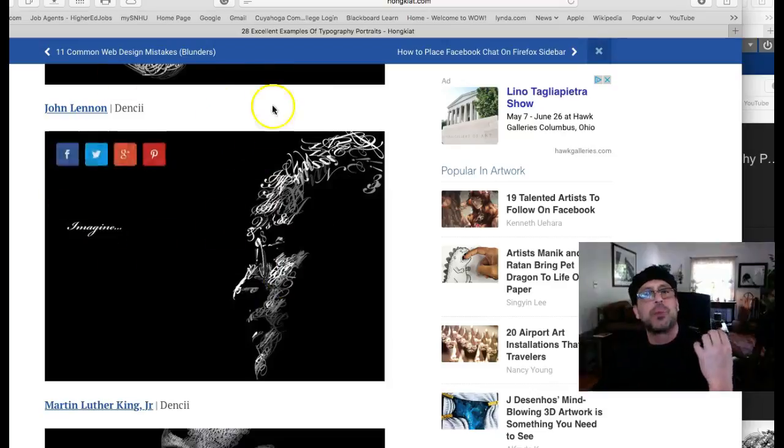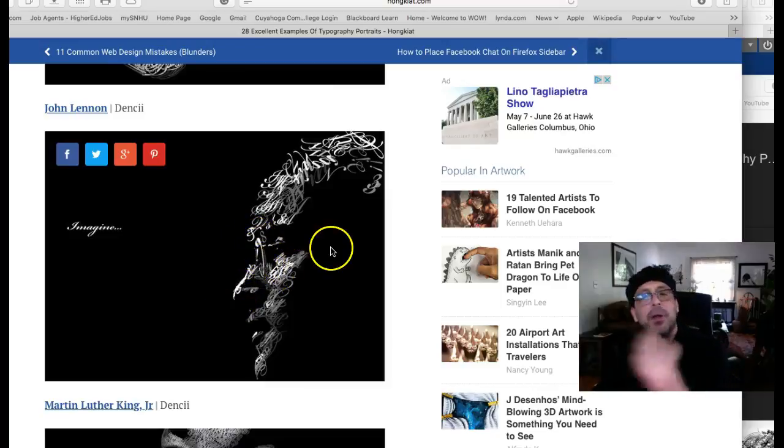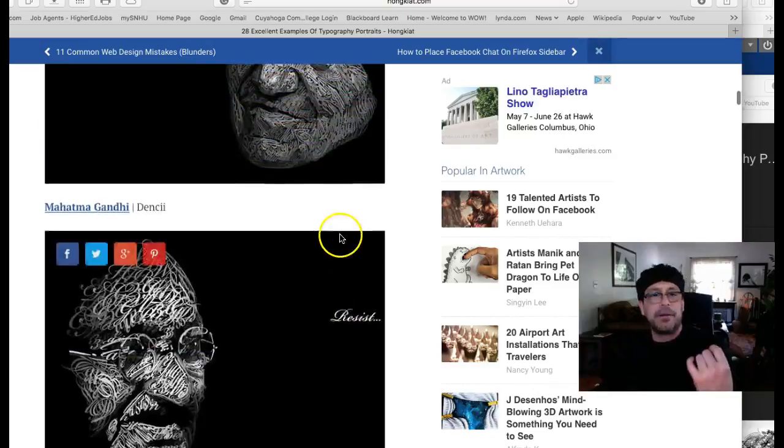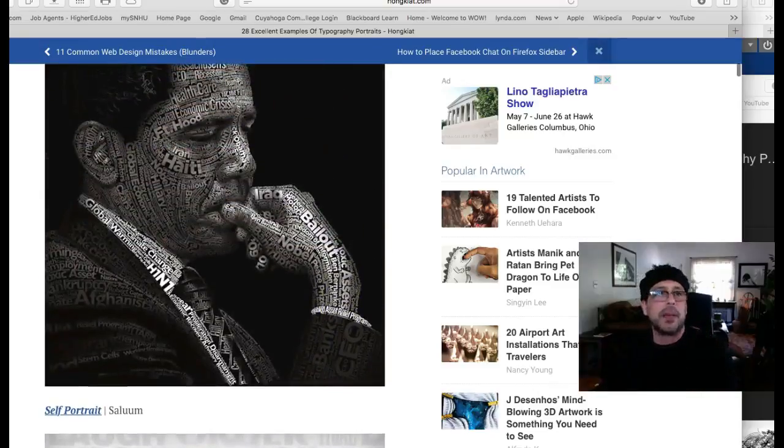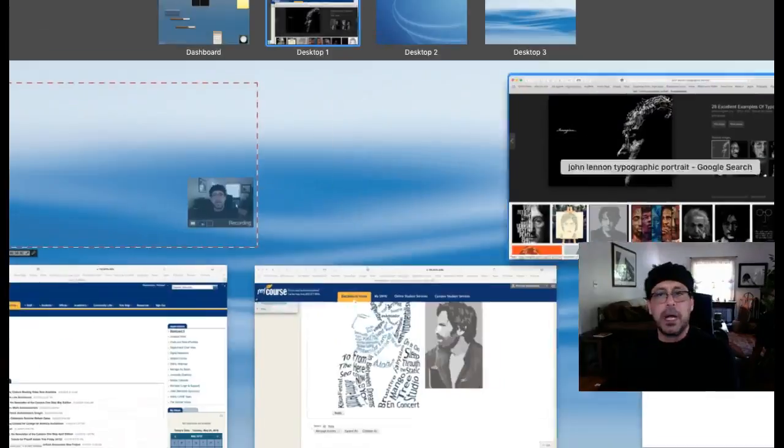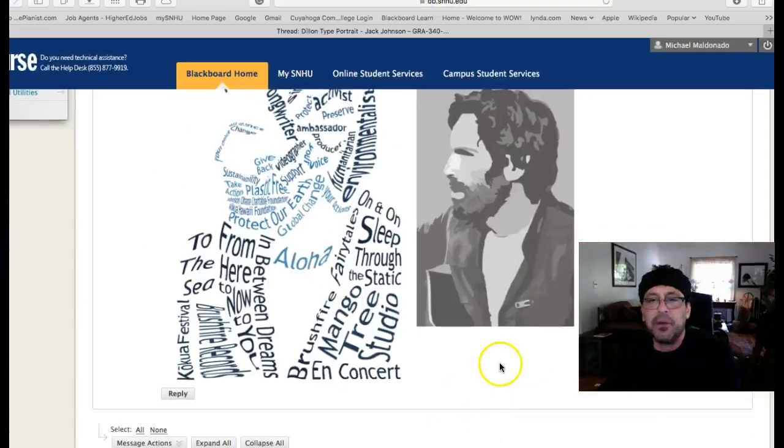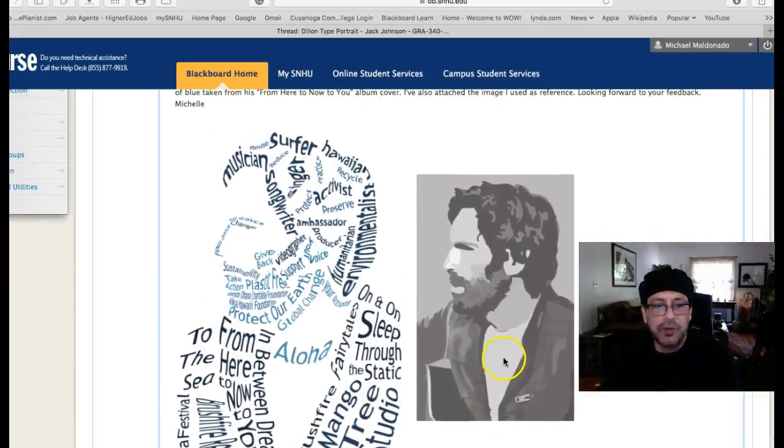The light source would be coming from up here, as we can see light reflecting from his nose with the use of type right there, the glasses with the use of type, and building type on top of type and really starting to develop these wonderful levels of intricacy, wonderful levels of depth and dimension, as it were.